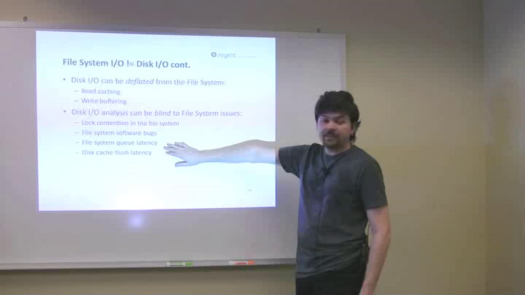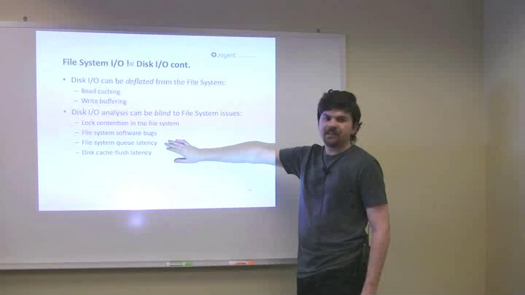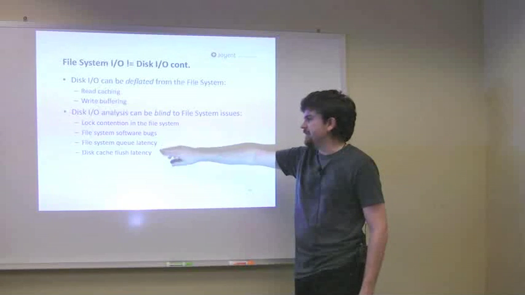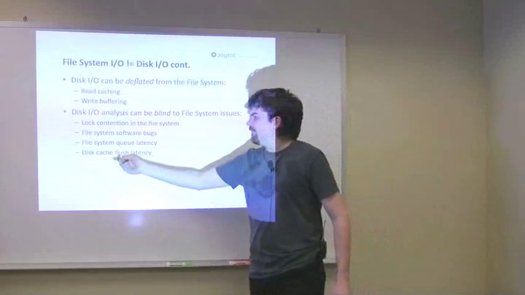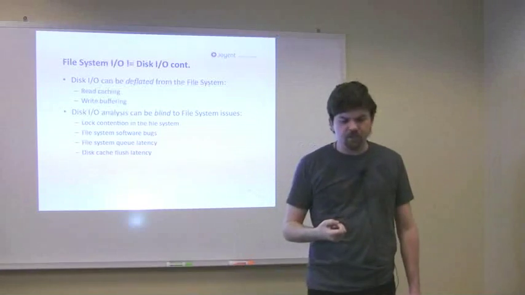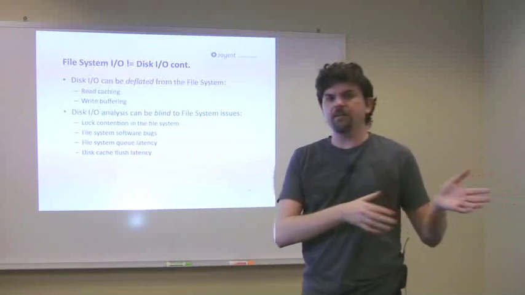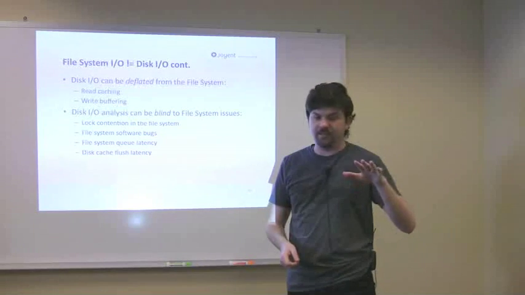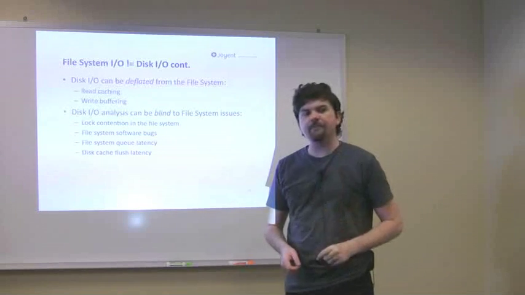File system queue latency. File systems do queue I/O. By the time they get to disk, you're not looking at the internal file system queue latency. There's also disk cache flush latency. Some file systems, such as ZFS, will send a SCSI disk flush cache command to ensure that the writes are on the disk platters and not buffered on the disks, in on-disk DRAM.